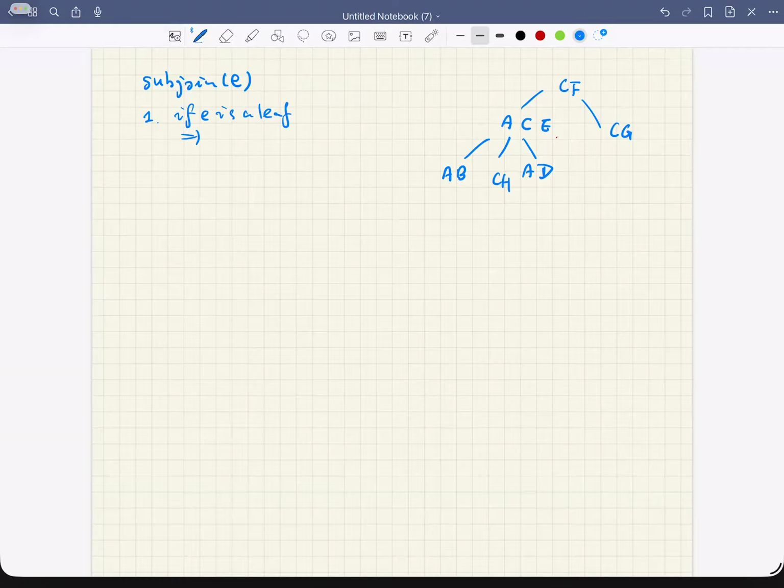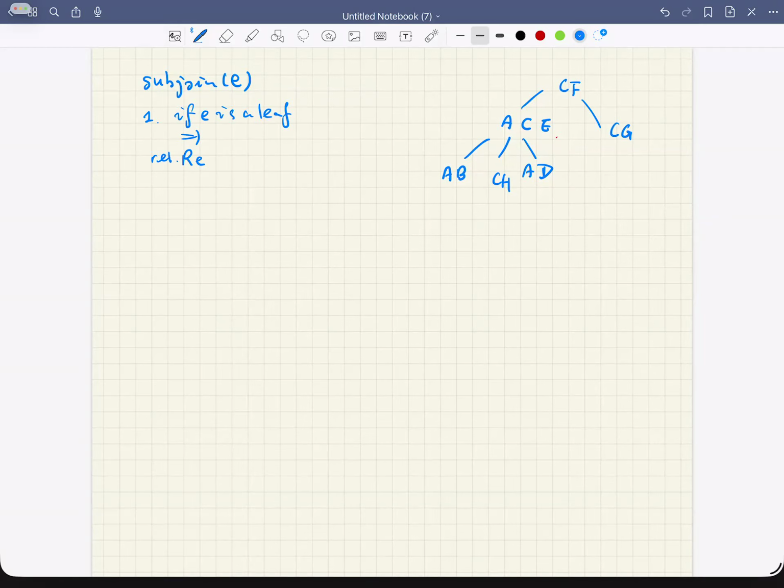Well, in this case, there's nothing to do. You simply return this relation. For example, if E is AB, and I want the subjoin, I would say, sure, nothing needs to be done. It's just the relation AB, and here it is.